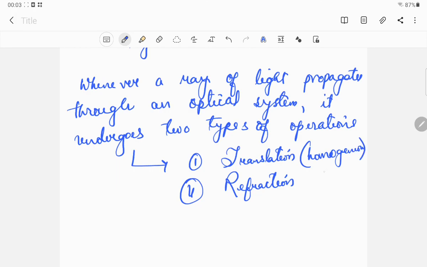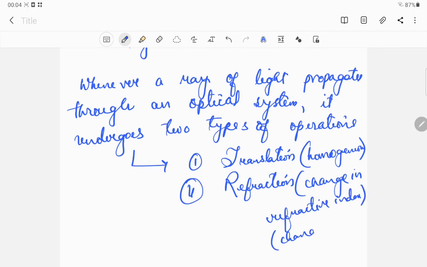I told you what a homogeneous medium is, where there is no change in the refractive index, and refraction basically occurs when there is a change in the refractive index, or you can say a change in medium.